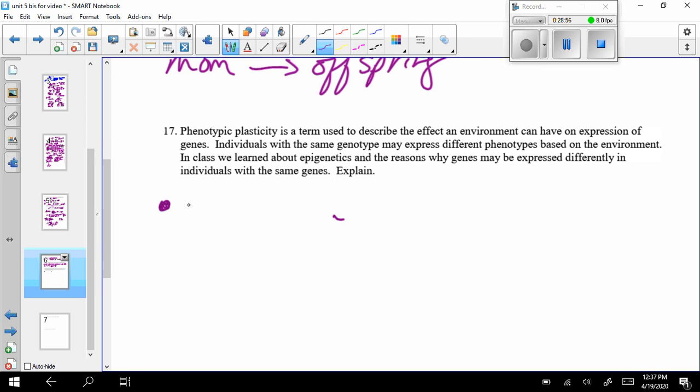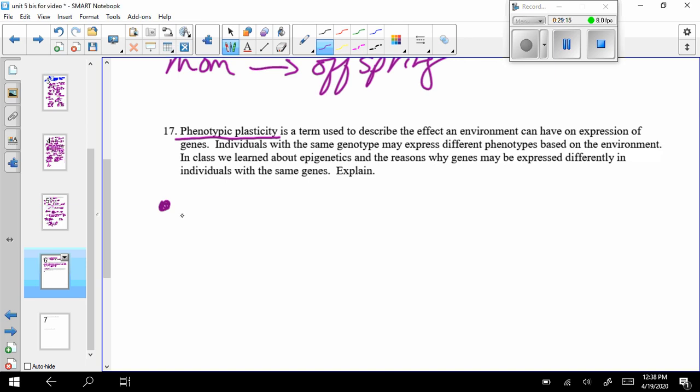First of all, this is a new word that I just found the AP including, so I just want to make sure that we use that word. That word means the differences in how organisms that have the exact same DNA could express the traits differently.